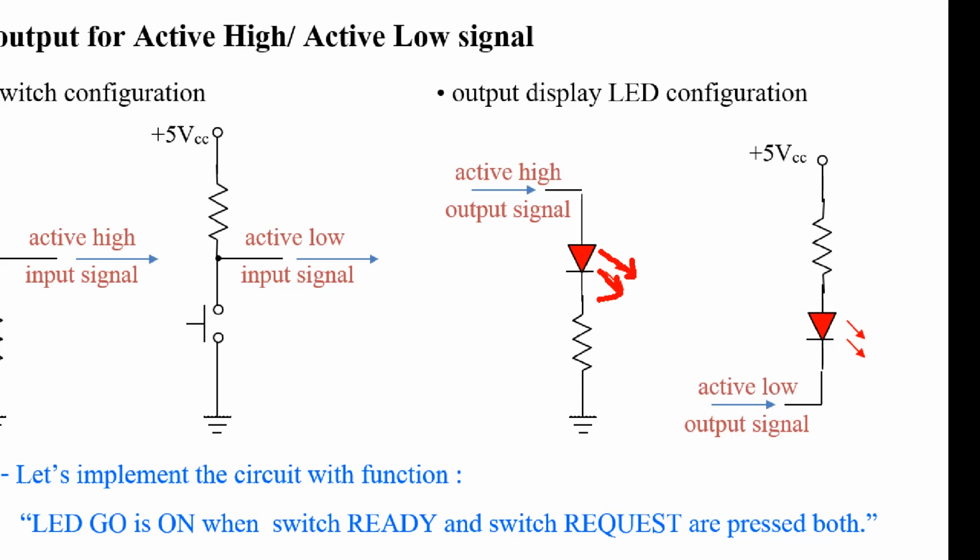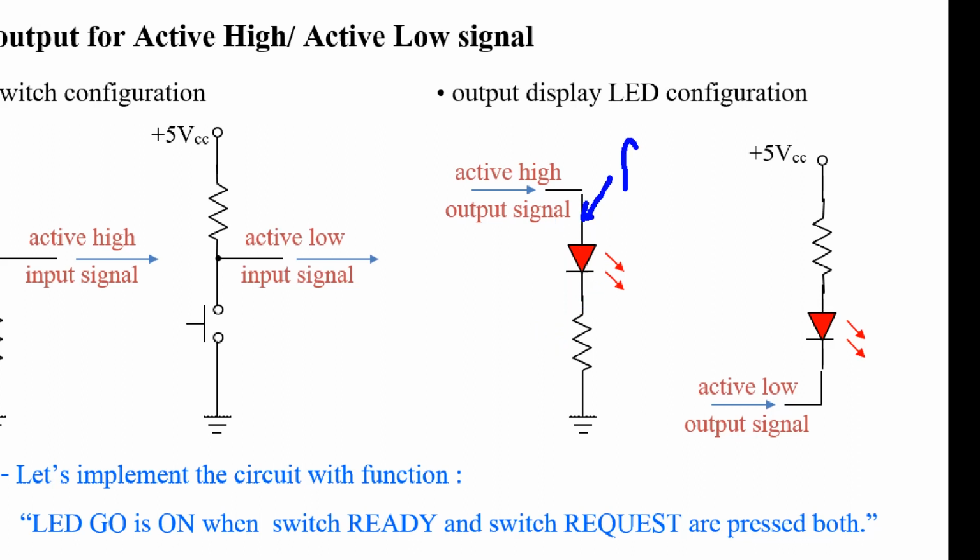It may be red, green or yellow, depending on the type of LED. Anyway, one thing that you should know about a diode or LED is that current can flow in only one direction, from this terminal to this terminal.